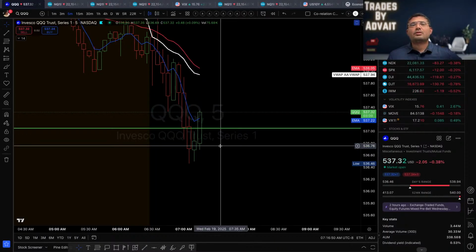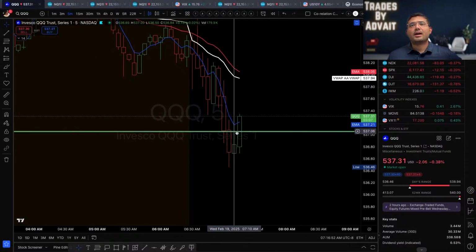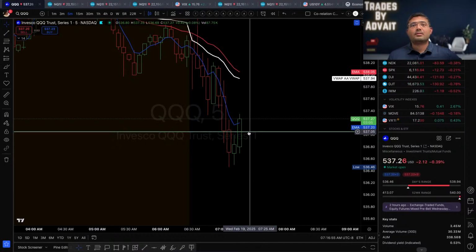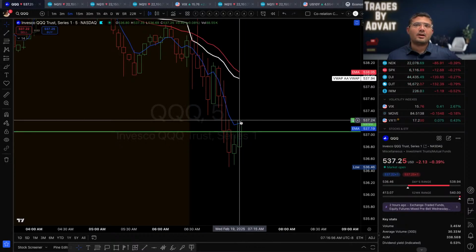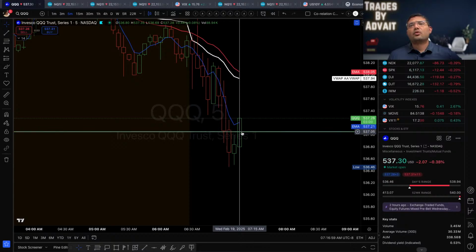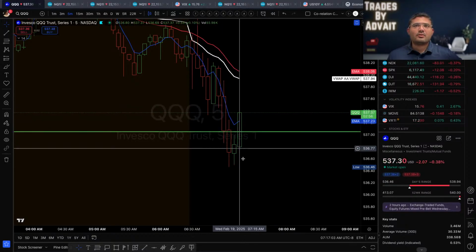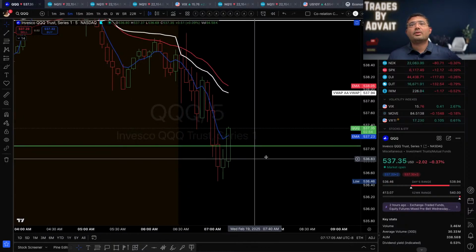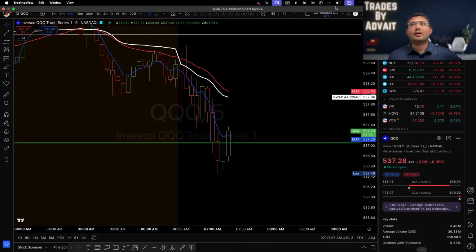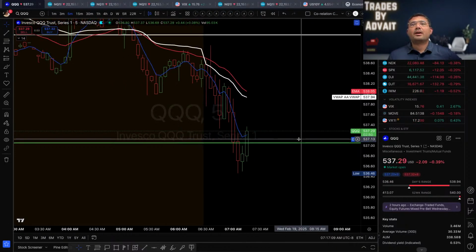On the QQQ charts you can see that the S1 level has been reclaimed. So the question is, can it sustainably reclaim? That is TBD, but that's where I'm coming from.